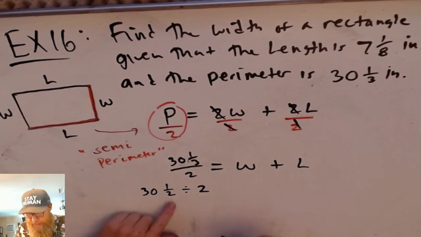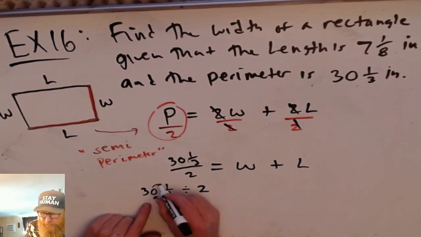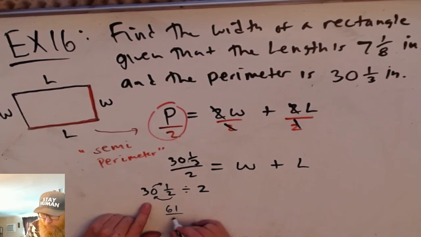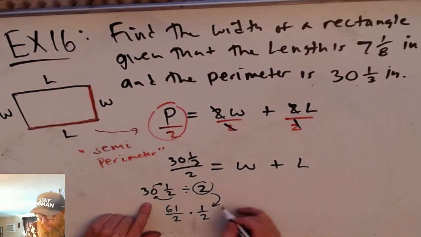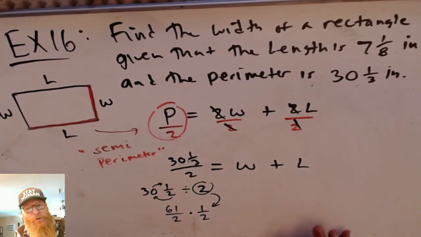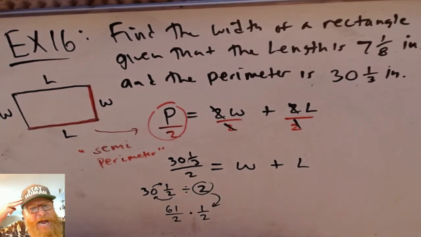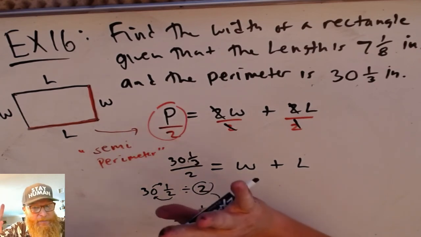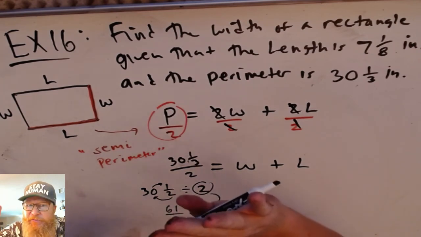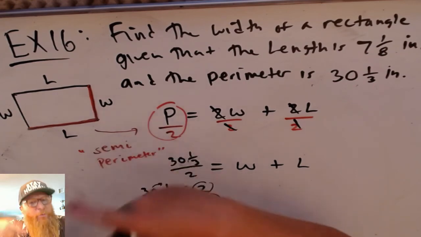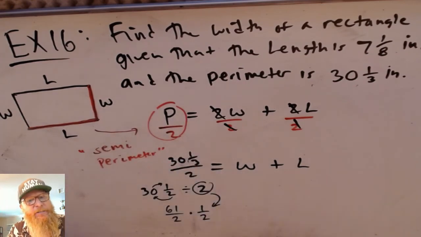Okay. So I'm going to convert this into an improper fraction. 3 times 30 plus 1. So that's going to be 91 over 3 times 1/2. That's the reason why I use the old school division symbol, because it reminds me of 5th grade. Yeah? And when I remember 5th grade, then I remember all the rules about flipping fractions and things like that.